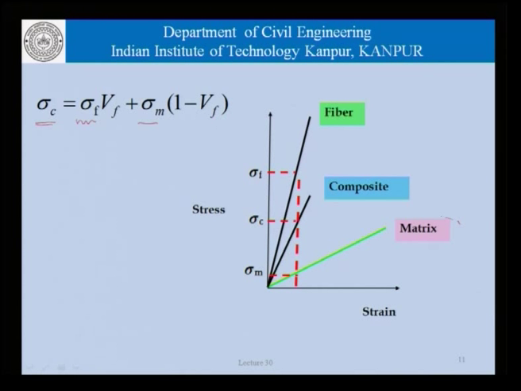Graphically, if this is the stress strain curve of the matrix material alone, and this is the stress strain curve of the fiber alone, then depending on the volume fraction that we have, we will get the stress strain curve of the composite to be somewhere in between, and where it lies between these two lines would depend on the volume fraction.